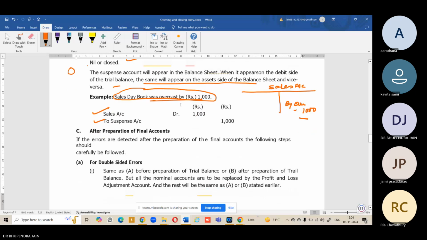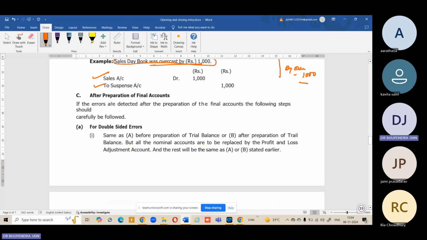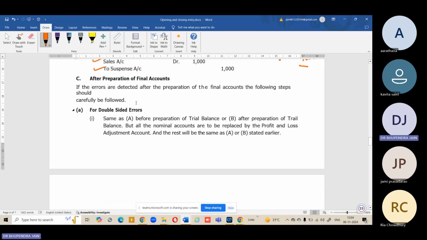Number third, if the error occurred after preparation of final account. Final account means profit and loss account and balance sheet. So if the errors are detected after preparation of final account, the following steps should be carefully followed.